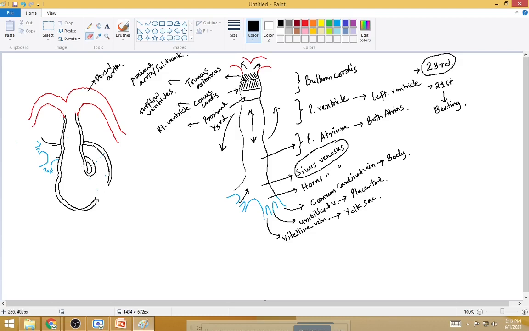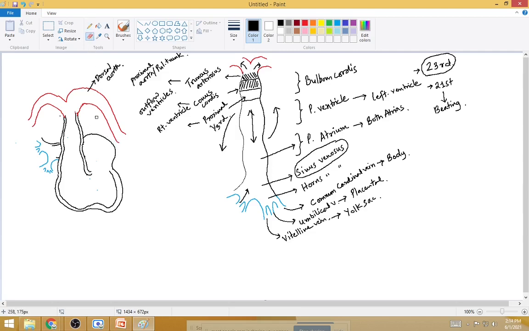Now what happens? These parts will start bulging out like that. Even the atria which are going posteriorly will be bulging out.